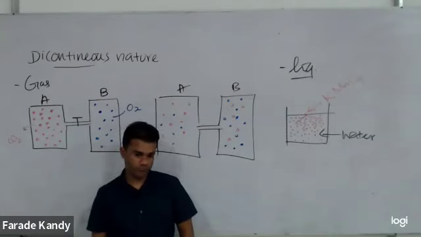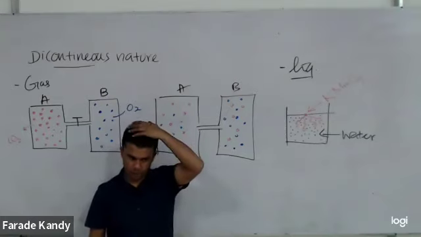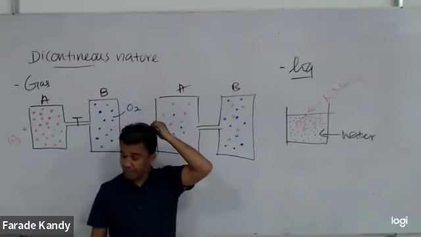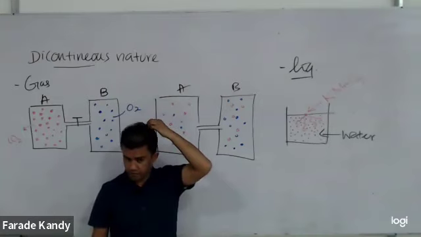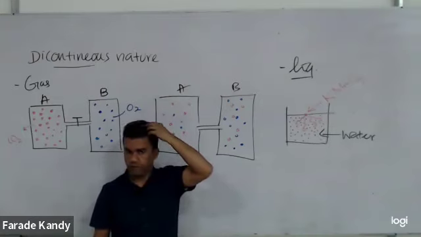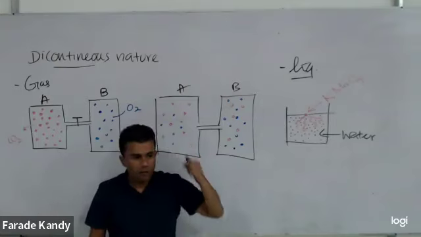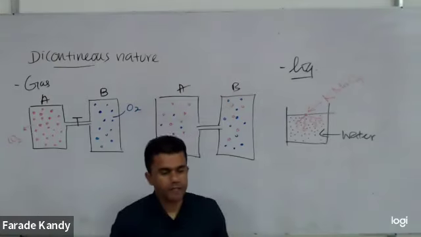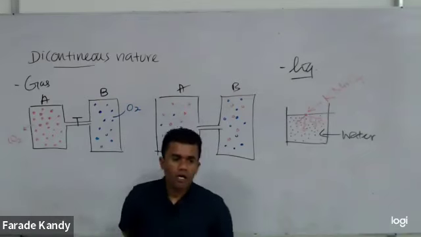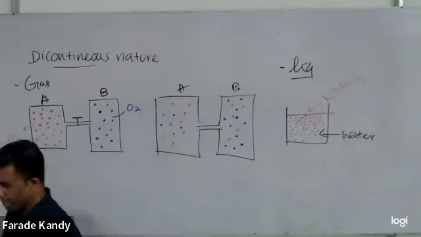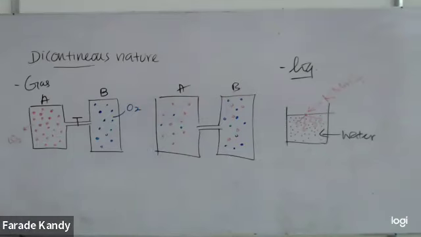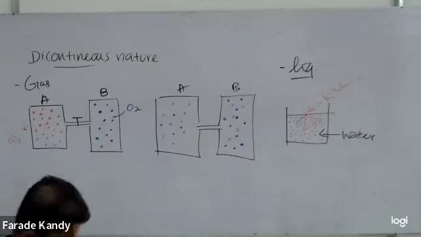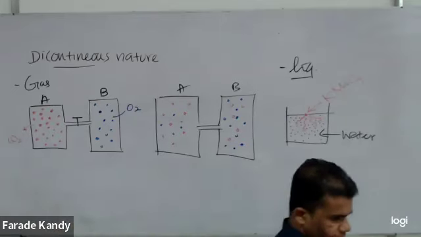This is because potassium permanganate particles travel through empty space available among water particles.